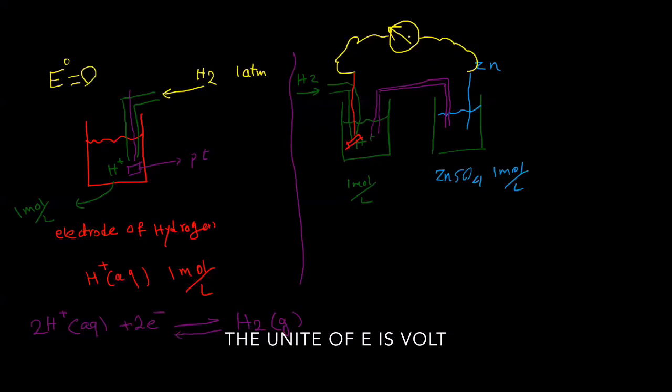Now if I read this number like negative 1.1, I know this one is 0, so the potential for Zn is minus 1.1, but still it doesn't make sense.